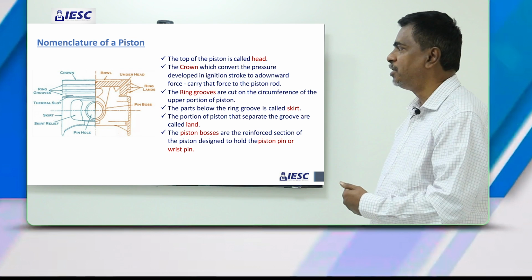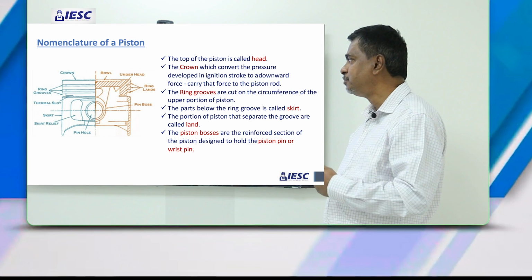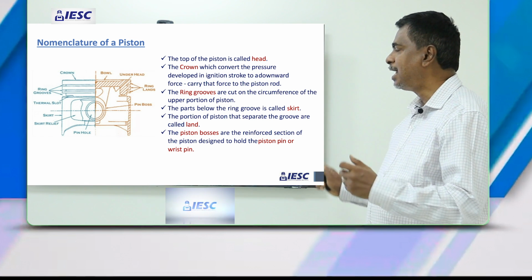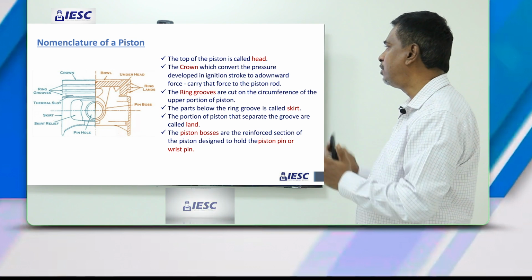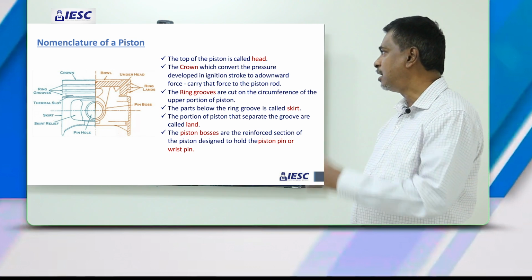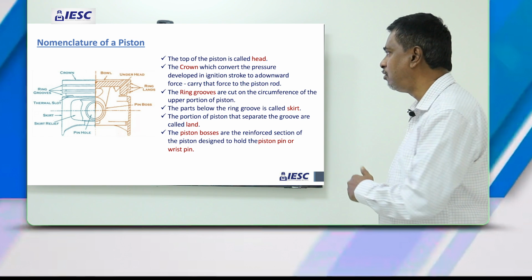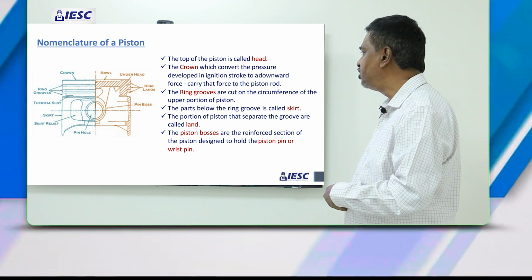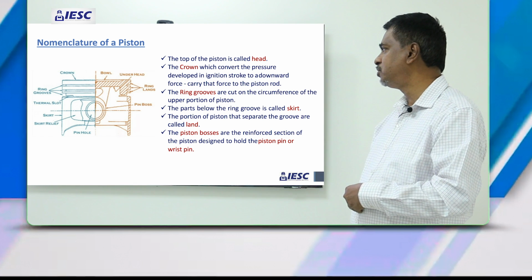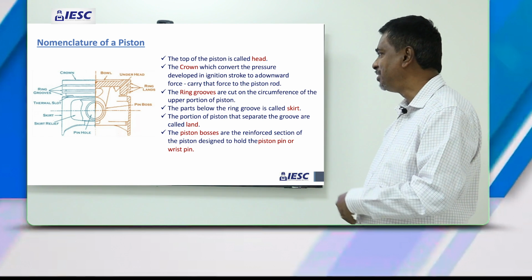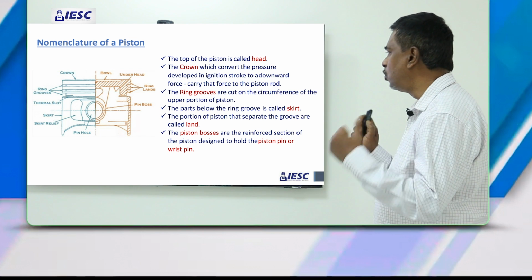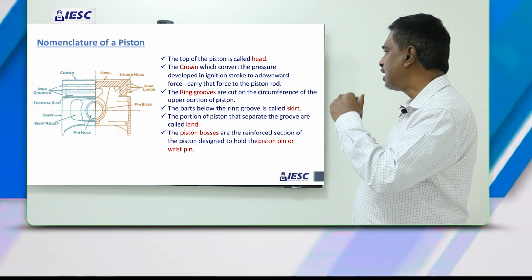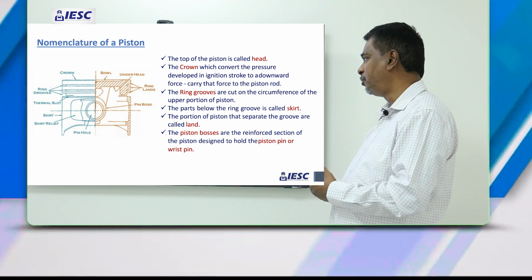Now we will see the nomenclature of a piston. The piston has many parts, and the top of the piston is called the head, or the crown, which converts the pressure developed in the ignition stroke to a downward force that carries the force to the piston rod. It has ring grooves, which are cut on the circumference of the upper portion of the piston.